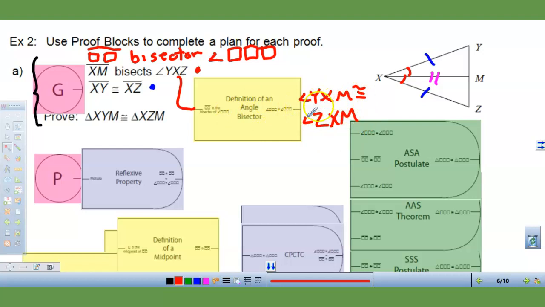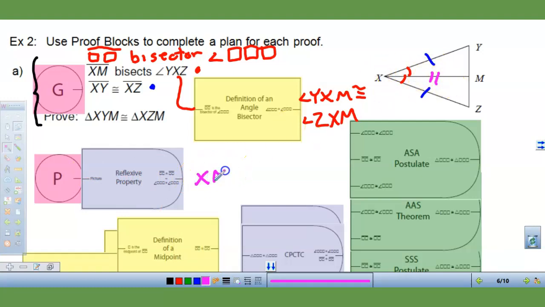So we have one of the angles. We have the angle congruence statement for our angle side angle. And we have this given statement right here. And then from the picture, we can look at it and use the reflexive property. We already marked it here, XM.